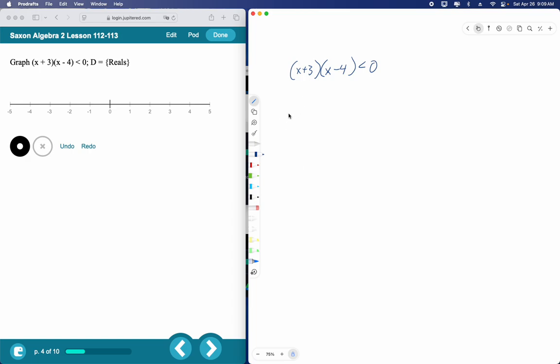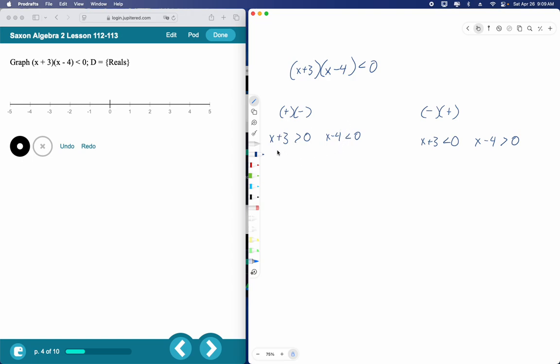So we would say positive, negative, negative, positive. x plus 3 is greater than 0, x minus 4 is less than 0, or x plus 3 is less than 0, x minus 4 is greater than 0, because positive is greater and negative is less than 0.